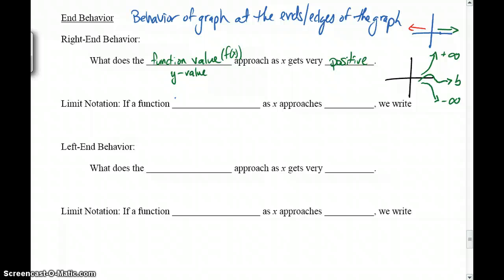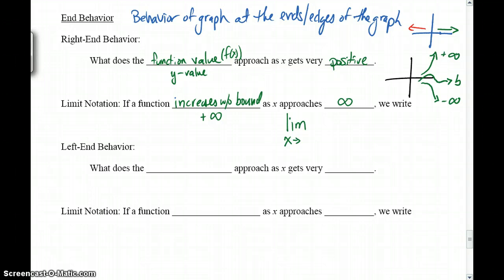So, limit notation. If a function increases without bound, that is to say, it goes to positive infinity, as x approaches infinity, we would write in limit notation the limit of, well, what is x approaching?